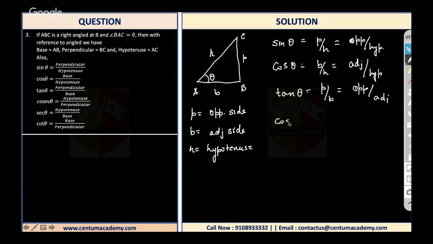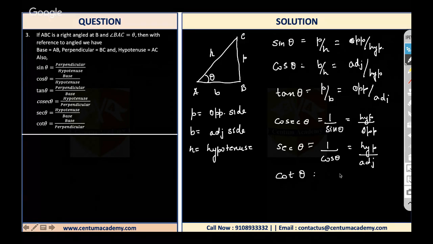Cosecant theta is 1 upon sine theta, equal to hypotenuse by opposite side. Secant theta is 1 upon cos, equal to hypotenuse by adjacent. Cotangent theta, cot, is 1 upon tan, equal to adjacent upon opposite.